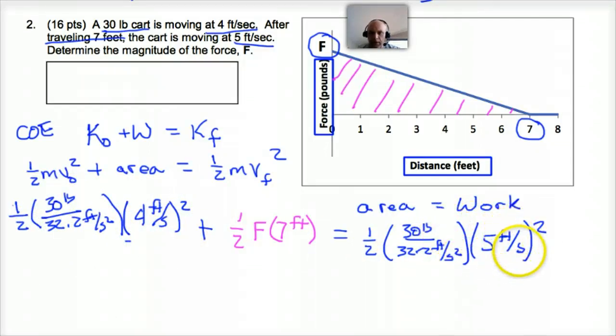Okay, feet squared over seconds squared, feet over seconds squared. We'll end up with just a single foot on top, and then of course pounds. And that will give us the units for F in pounds. And that's what we're trying to determine.